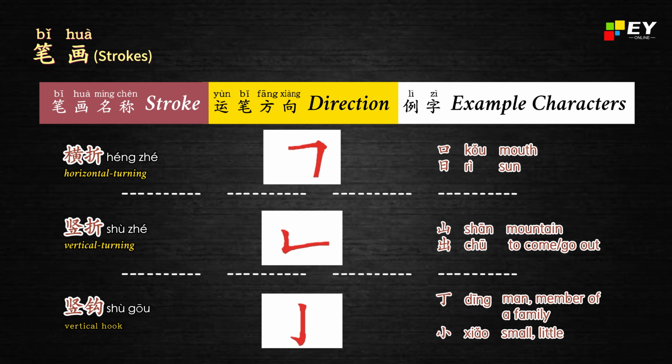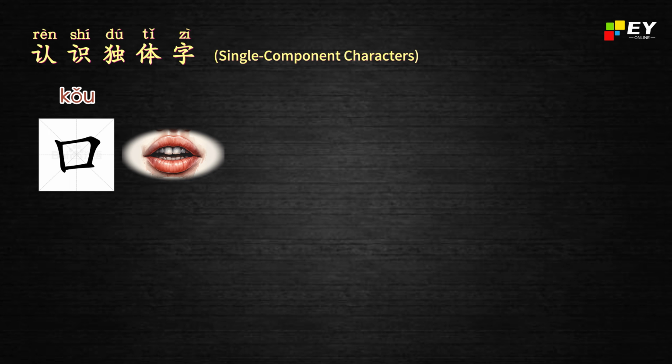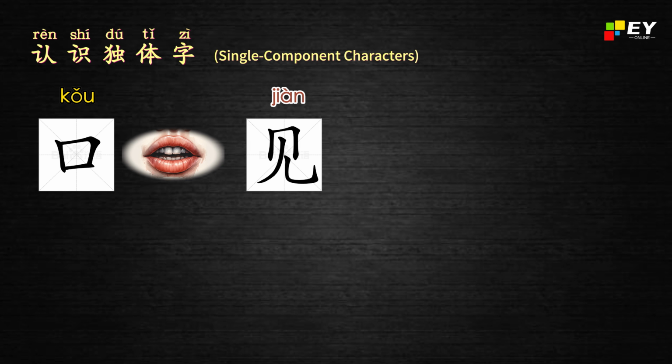Single component characters. 口. The basic meaning of 口 is mouth, and the character is shaped like a mouth. 见.